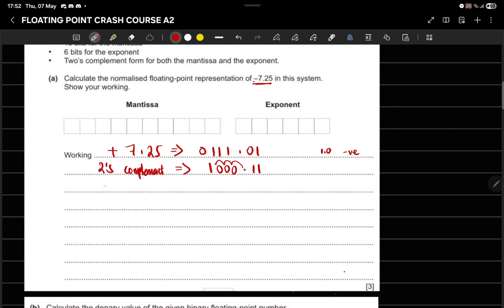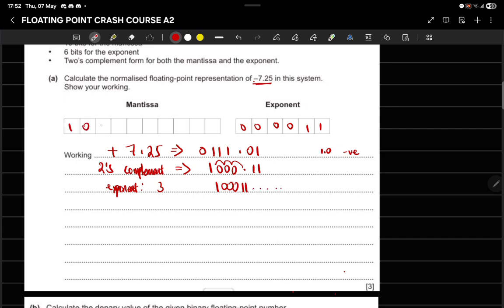So the exponent becomes 3, which is 110000. And the mantissa would be 100011, and the remaining would be zeros.